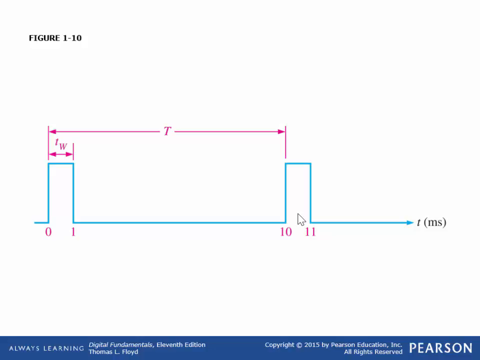Quite often we use this in a procedure called pulse width modulation in order to do very low-end digital to analog conversion. We can use this to control the speed of motors, the amount of power that goes to the magnetron in a microwave oven, how bright a light is.